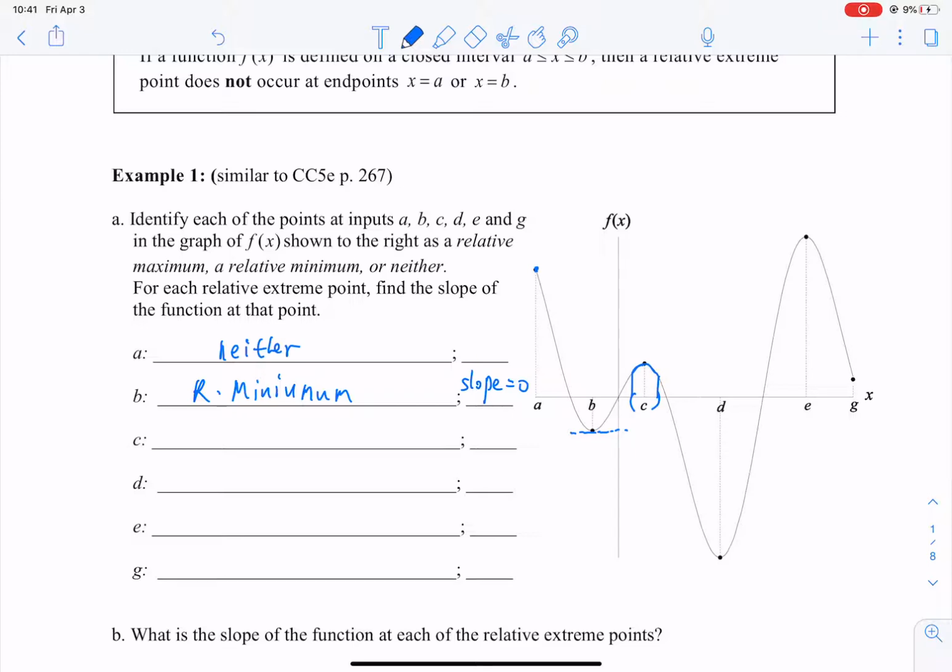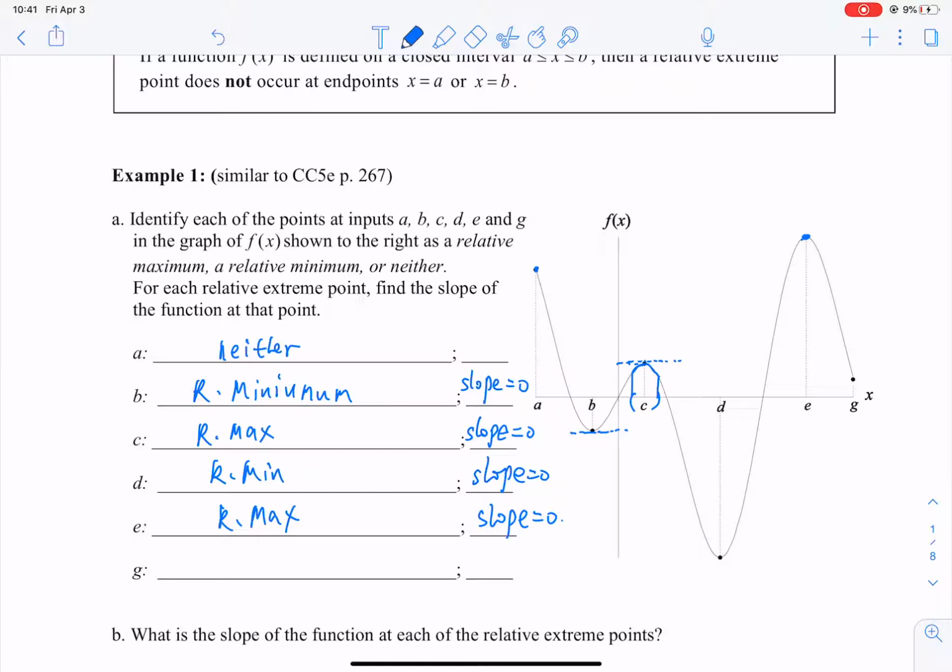And you can see f of C is the maximum. So this point is a relative maximum. And similarly, if you draw a tangent line, then you can see it's a horizontal tangent line, so the slope is 0. And point D is a relative minimum. Point E is a relative maximum. And the corresponding slopes are all 0.